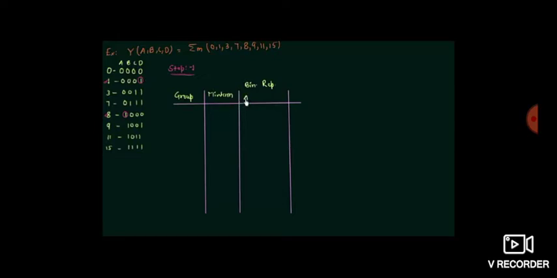A, B, C, D are the inputs, so we write A, B, C, D. First we take the group, that means first note down the number of ones. Zero is all zeros, so this is the minterm m0, where m is the minterm, and we write its 8421 representation. That is the first one. Next we write the group with one 1. Only a single 1 is there in the 1 position, and 8 also has a single 1.